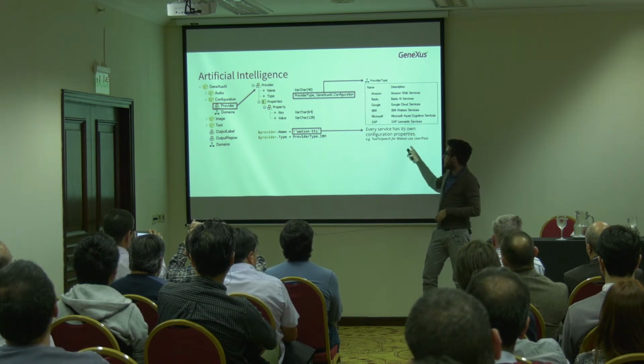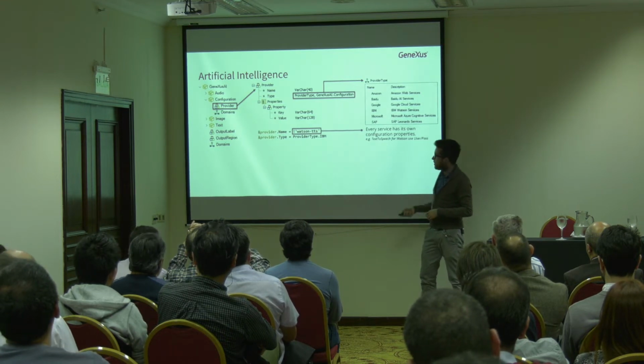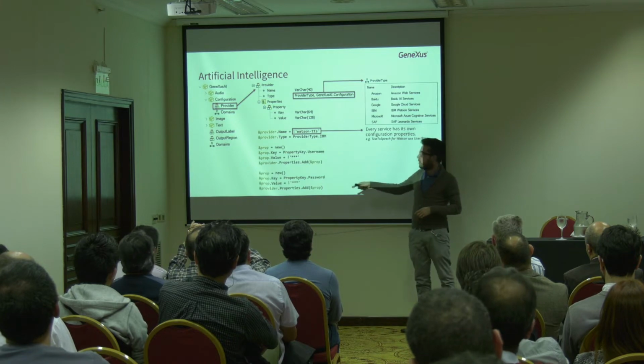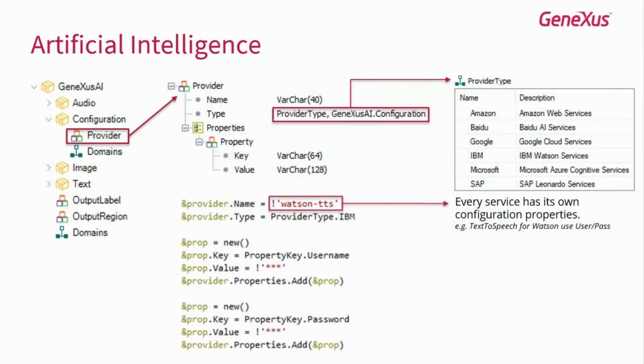For example, the text-to-speech requires a username and password to have access to the service, and that's what we do next. We create a property. We tell them that this is a username, and then we add it to the other set of properties for that provider. With that configuration, we have everything.